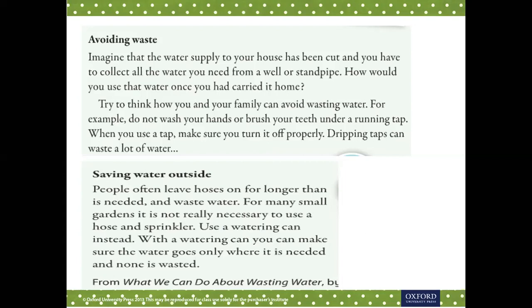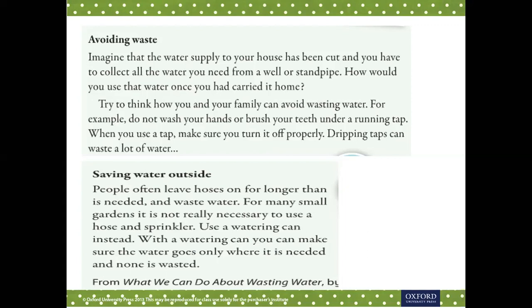First let me finish the paragraph and then I will explain. With a watering can you can make sure that the water goes only where it's needed and none is wasted. So for example, you have a garden outside your house and you want to water the plants. How should you do it? Are you going to use a garden hose, for example, where you spread a lot of water and waste a lot of water?